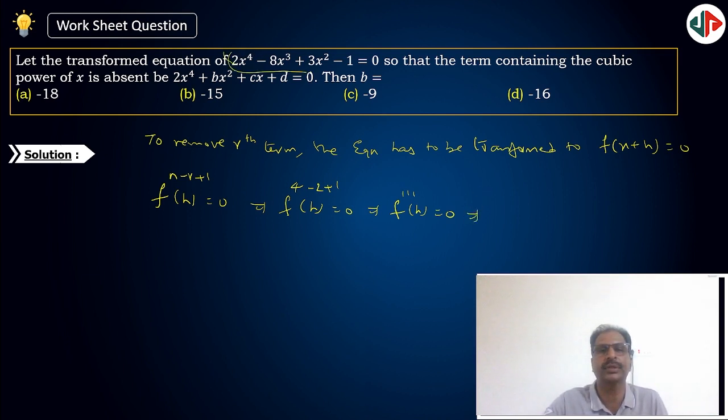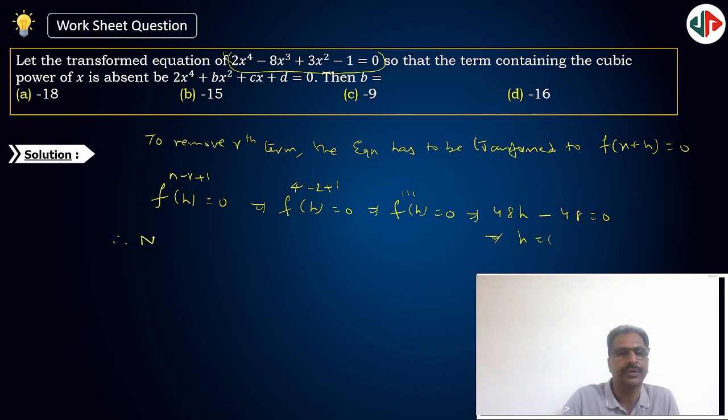Given polynomial is 2x power 4 minus 8x cube plus 3x square minus 1. If you find the derivative three times, first derivative is 8x cube, then 24x square, then 48x. So 48h minus 24 is equal to 0. From this you get h is equal to 1.